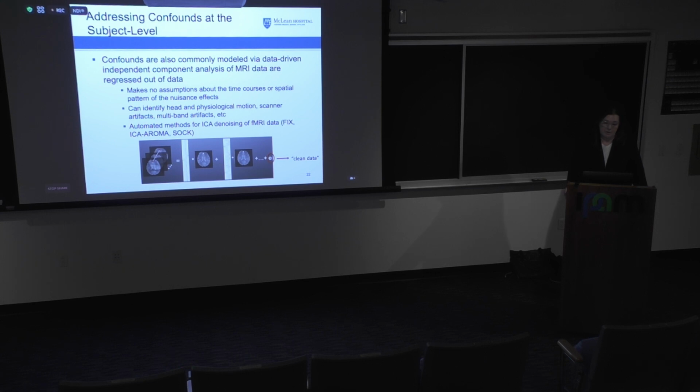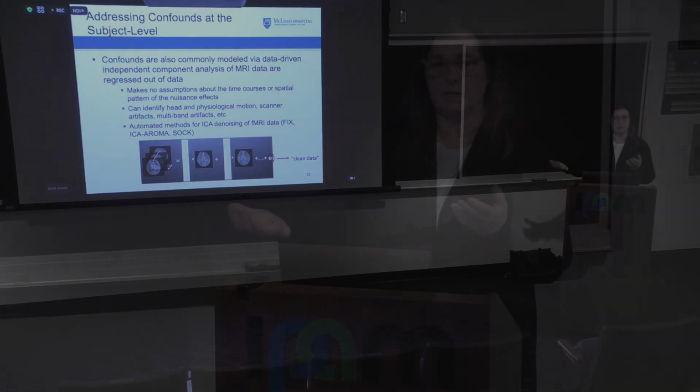Confounds can also be modeled at the subject level for fMRI via data-driven independent component analysis. You apply ICA to the fMRI time series, and you get a set of components and their associated time courses. These are spatial maps and time courses of the signals that mix together to generate your BOLD fMRI data.